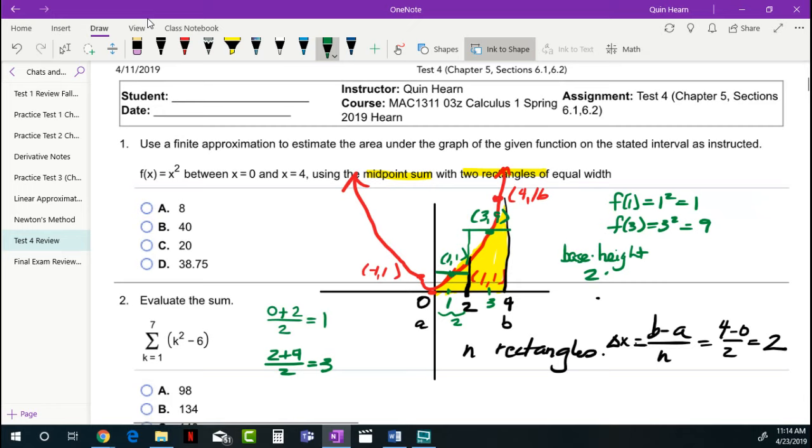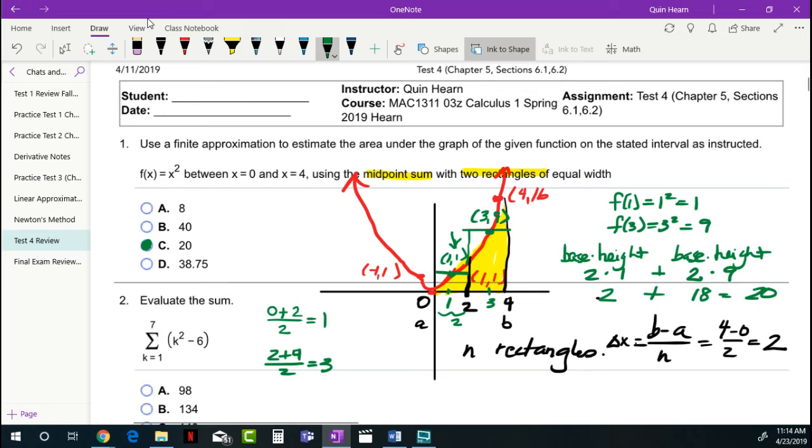Okay, so all they're asking us to do is to add up the size of the two rectangles and use that as an approximation for the area under the curve. So the first rectangle has a base. We always use base times height, right? So the first rectangle has a base of size 2. Well, they both do, really.